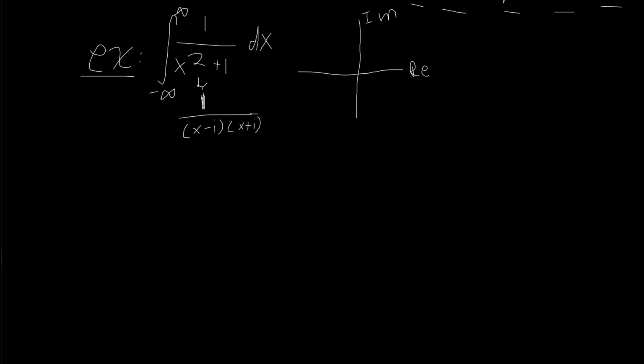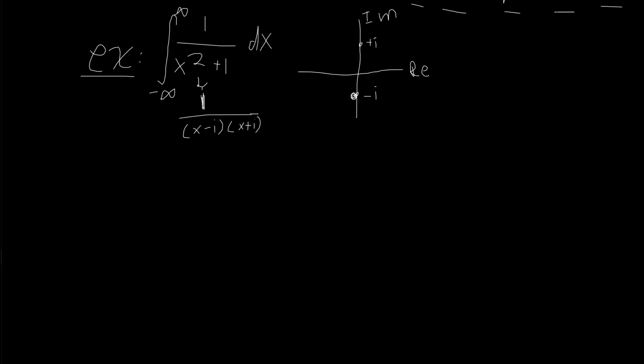And so basically, that means that you have two poles, at negative i and at positive i. So what do we do with this information?